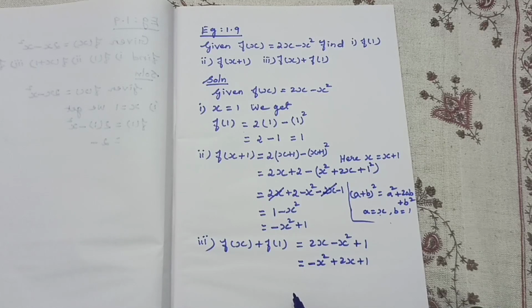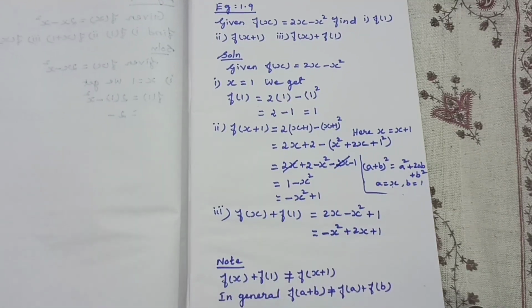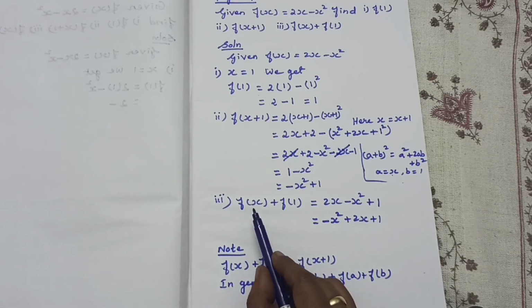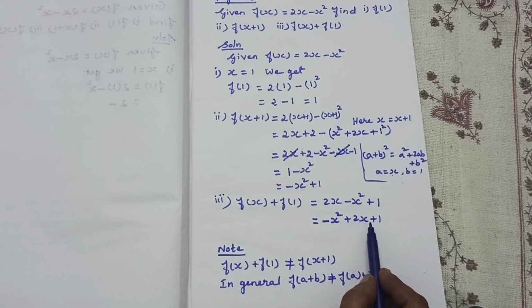Have you understood? Then we have to see one note. F of x plus f of 1 is not equal to f of x plus 1. Okay, f of x plus f of 1 is not equal to f of x plus 1. Shall we check? F of x plus f of 1 is equal to, we got this answer, isn't it?